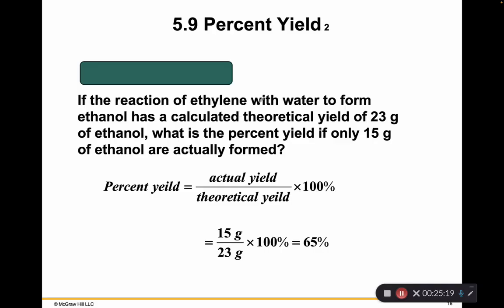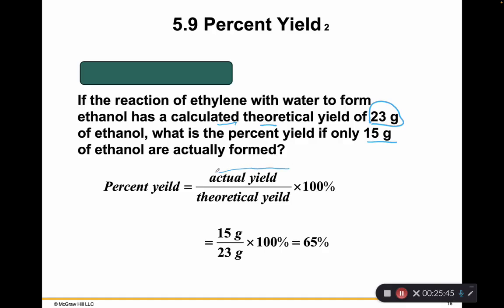If the reaction of ethylene with water to form ethanol has a theoretical yield, theoretical is always the calculated one, through the math, of 23 grams of ethanol, what is the percent yield if only 15 grams of ethanol are actually formed?